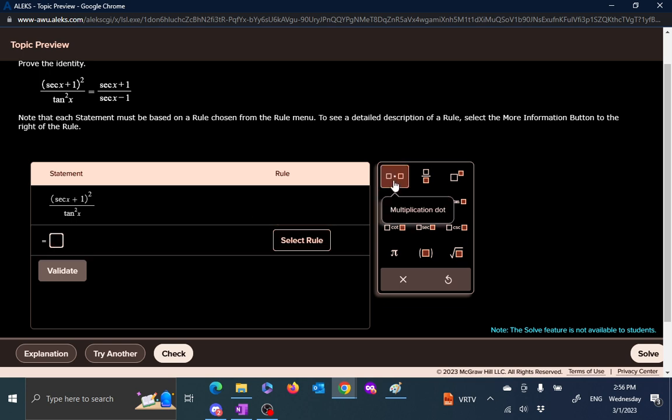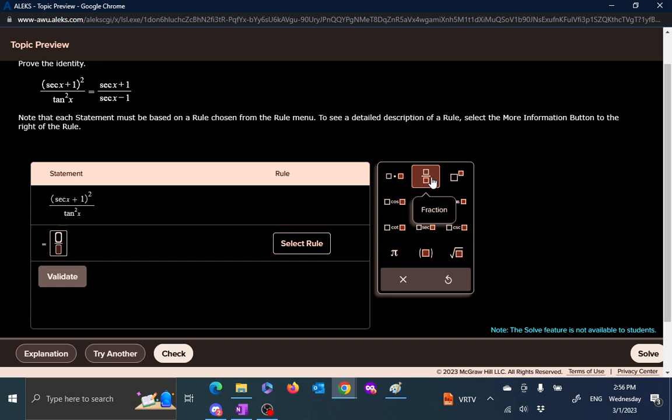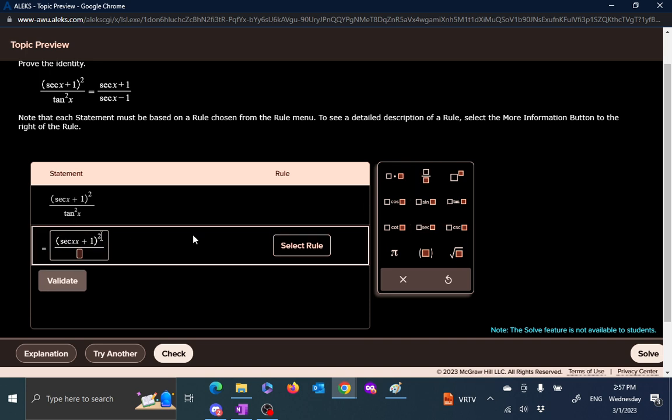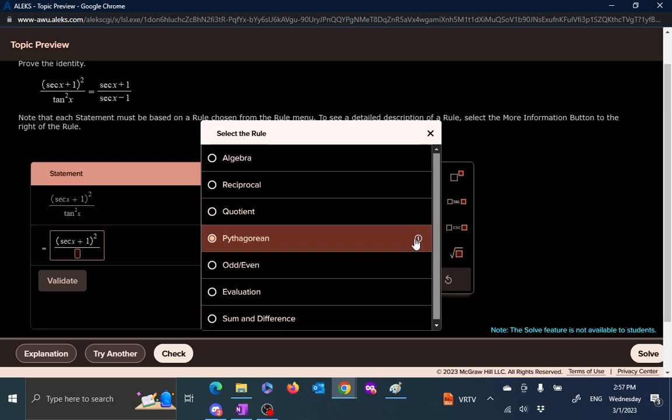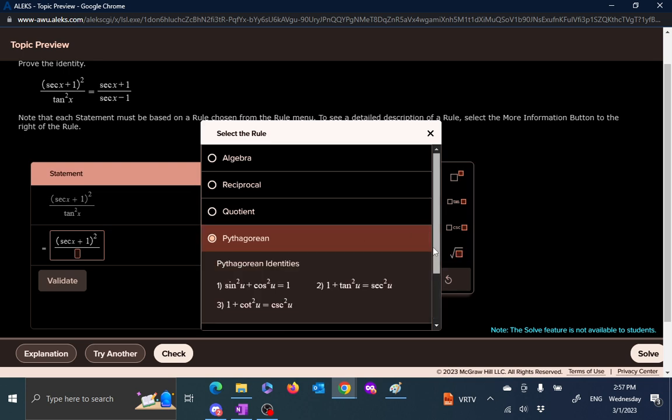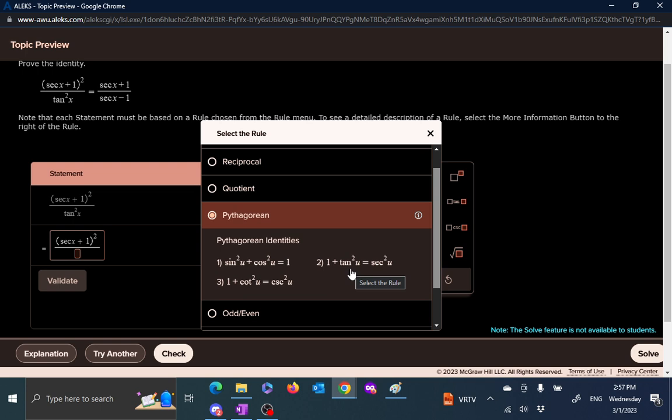So let's go ahead and make a fraction here. I have parentheses secant of x plus 1 squared over, in the denominator, secant squared of x minus 1. What are we using here? Pythagorean. Where does tan show up? Tan squared.